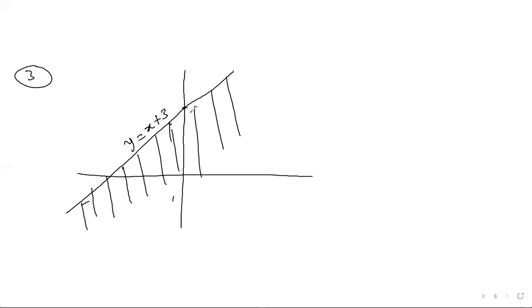So the trick is, if your solution is below, that means you are going downwards, then it has to be less than. But if your solution is above, then it has to be greater. So for this, it's going to be y less than x plus 3. So that's the inequality that represents that graph.